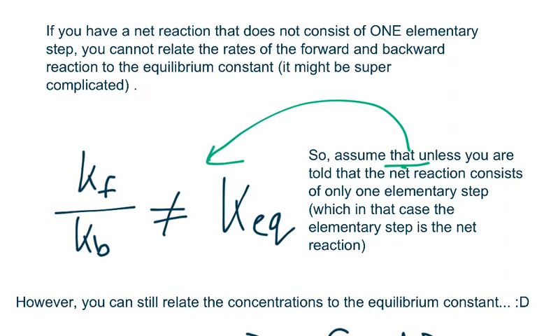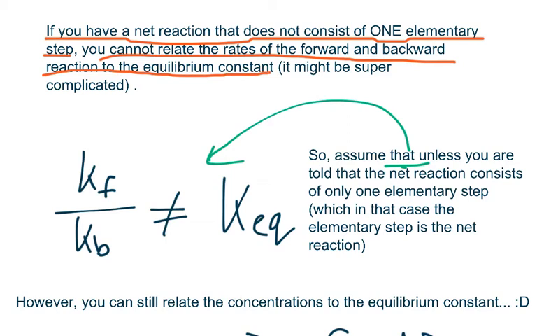Now, if you have a net reaction that does not consist of one elementary step, then you cannot relate the rates of the forward and backward reaction to the equilibrium constant. And you might be able to, but it's definitely more complicated than saying that Kf over Kb is equal to Keq.